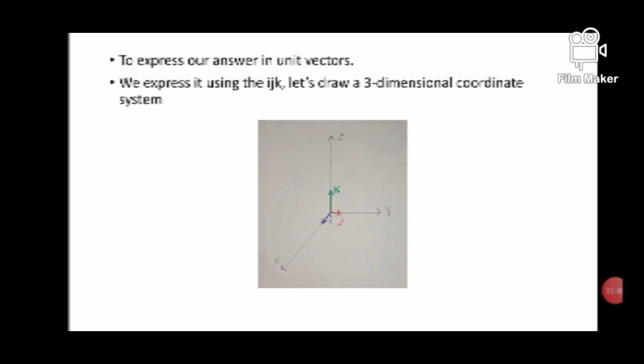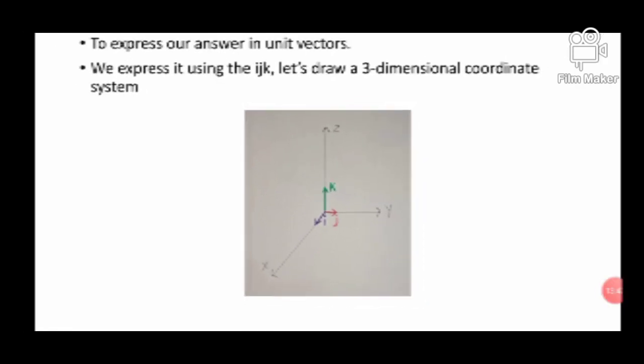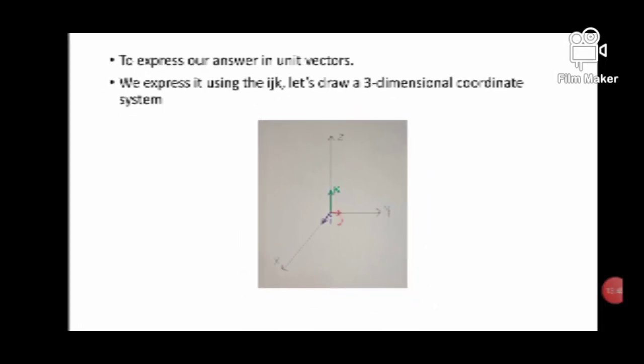First, we must draw a three-dimensional coordinate system, and this is how it should look. i is the unit vector along the x-axis. k is the unit vector along the z-axis. And j is the unit vector along the y-axis.